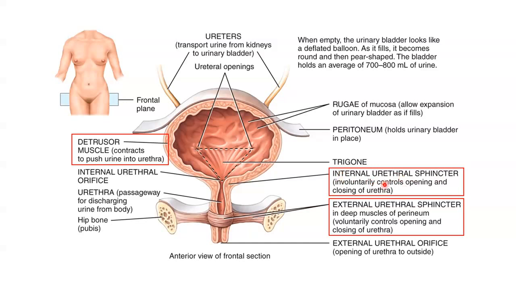At the same time, if the timing and the situation allows, we have motor neurons that innervate our external urethral sphincter, causing the sphincter to be inhibited so that it relaxes and urination can take place. Remember, our external urethral sphincter is made up of skeletal muscle, so we do have control over it.